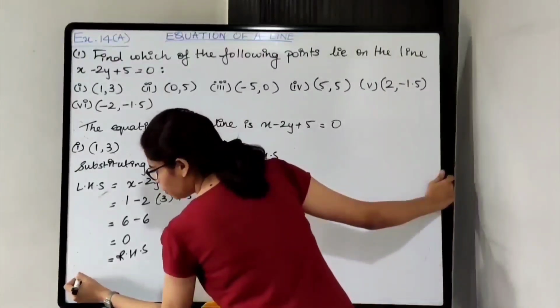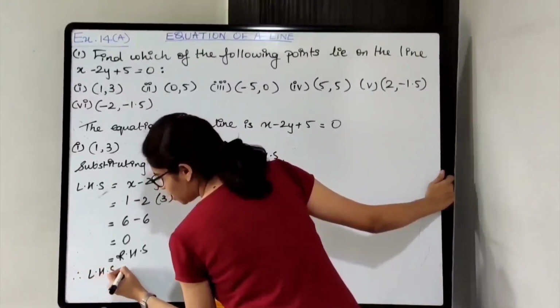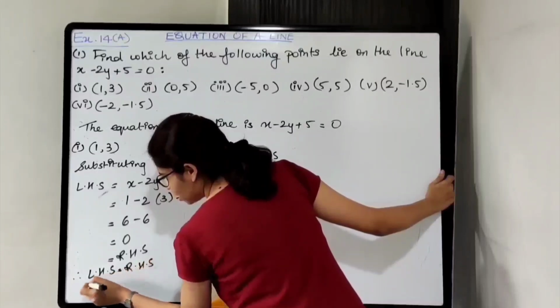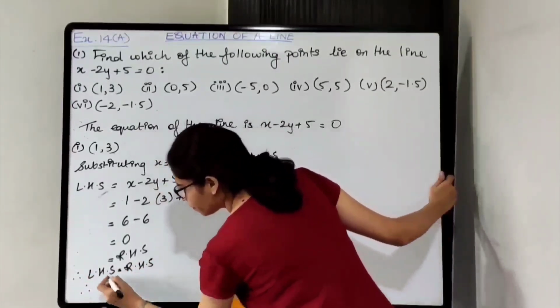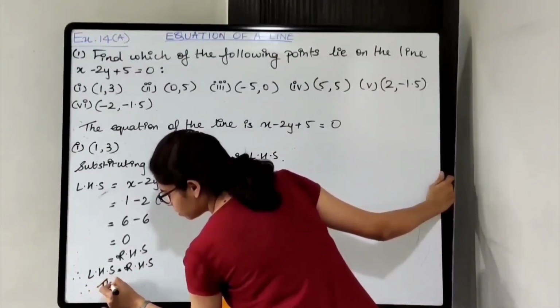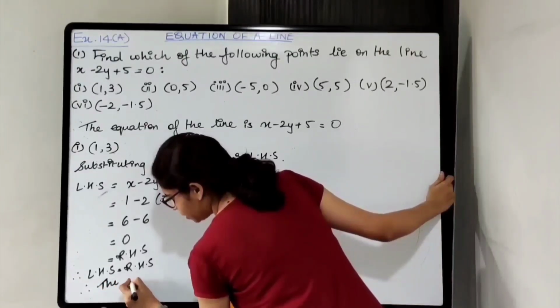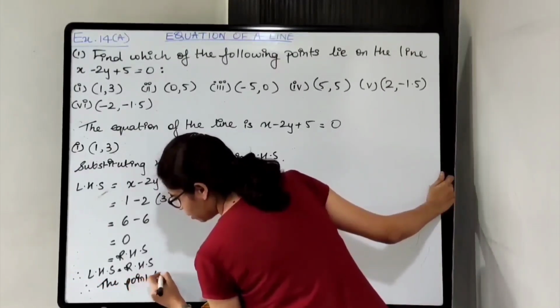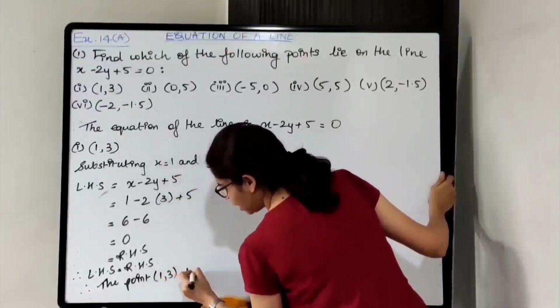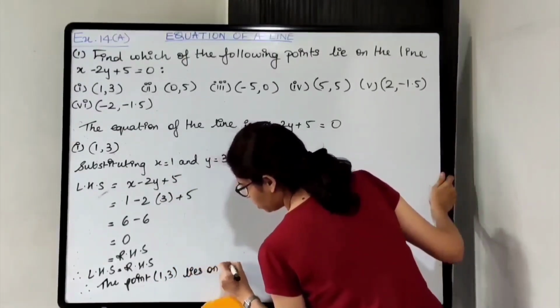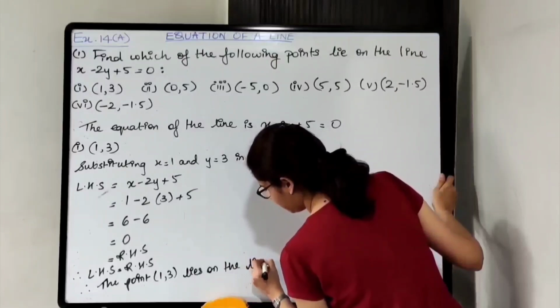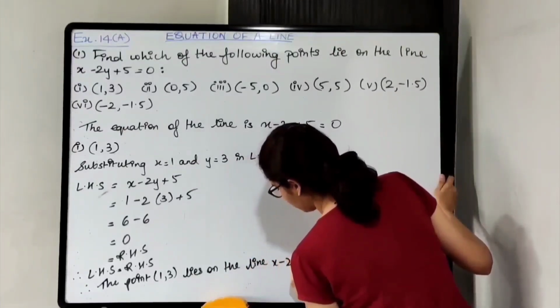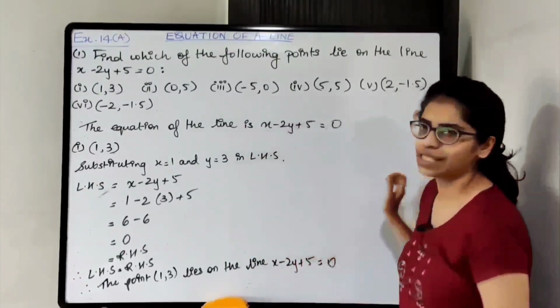So therefore LHS is equal to RHS. Therefore the point 1, 3 lies on the line x minus 2y plus 5 equal to 0.